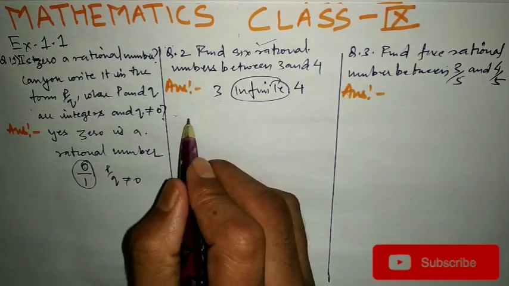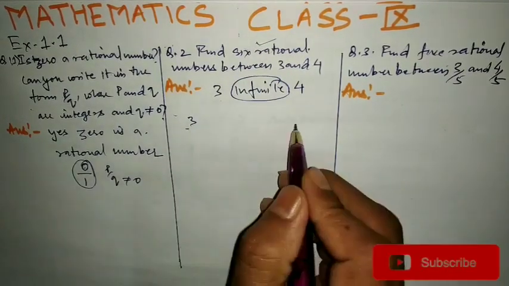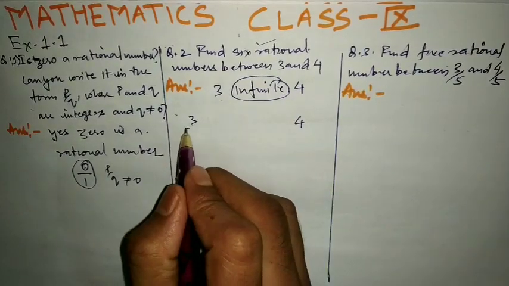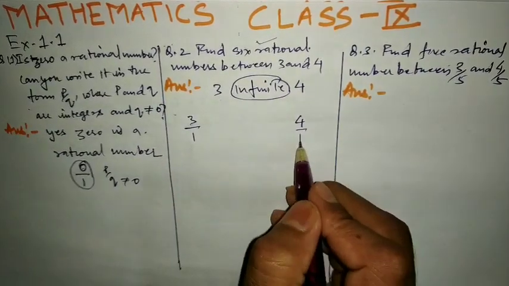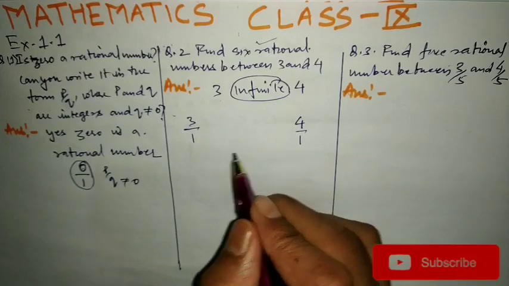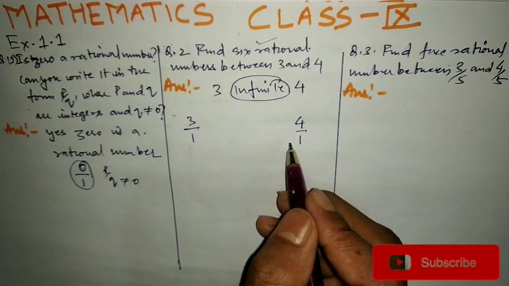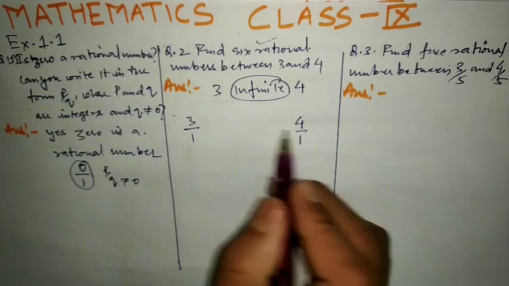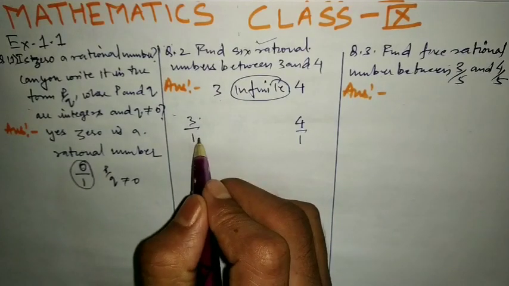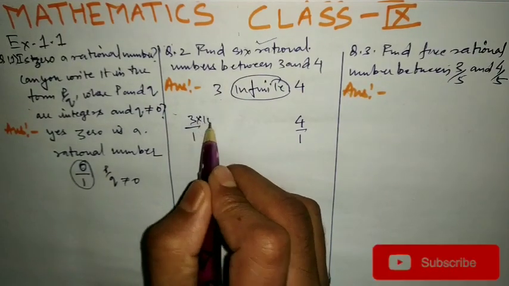So how can we find them? What is the denominator? Let it have denominator 1. The denominator of both is 1. So what do we do? We multiply them by 10 and 10.